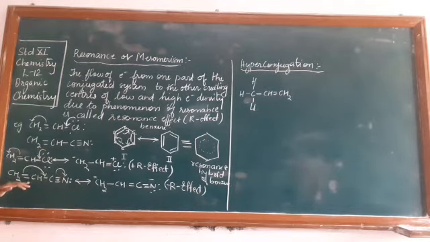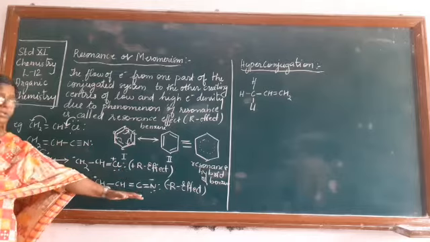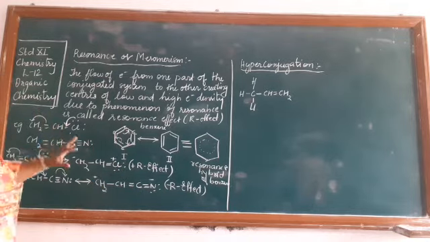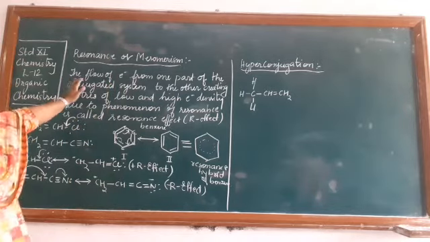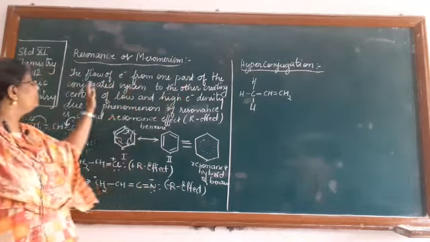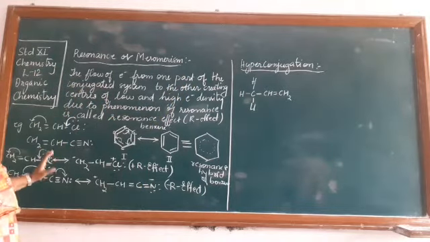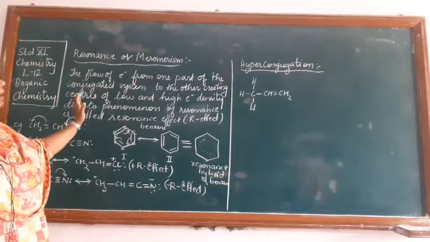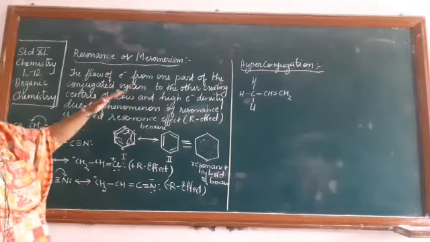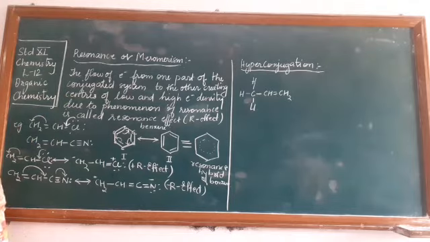Clear or not? So here from the double bond the group is taking away the electrons, and here you will find the group is donating the electrons towards the double bond. So this is plus R effect and this is minus R effect. Now, let us see the definition of how it comes. The flow of electrons from one part of the conjugated system to the other, creating centers of low and high density.